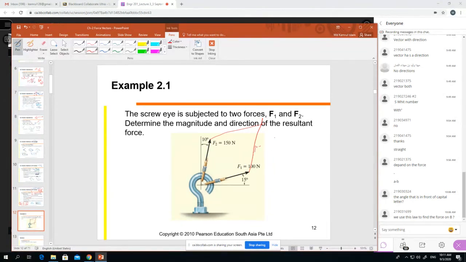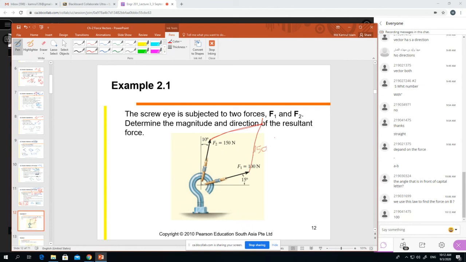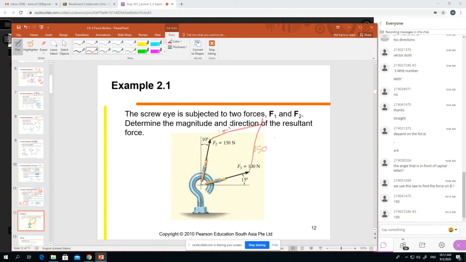This is magnitude 150 Newton. And this one, how much will its magnitude be? Can someone tell me? 100. Fine, someone sent me 100. Excellent. This will be 100 Newton.